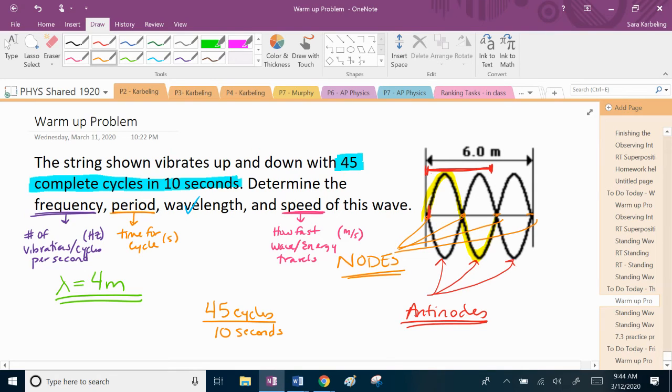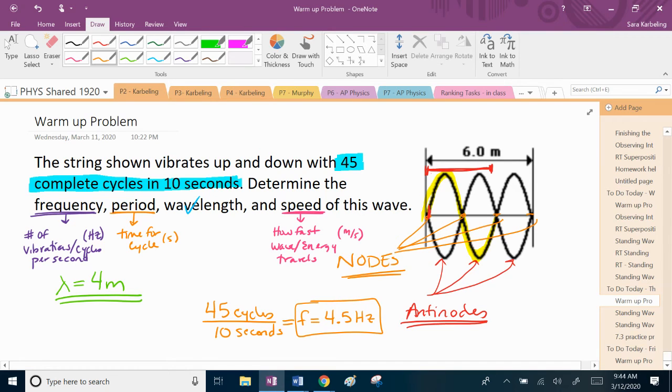It's a measure of frequency, isn't it? Yeah. That is a frequency. Is that in hertz? Would I say the frequency is 45? No, what would I say the frequency is? 4.5, yeah. 45 divided by 10. Yeah.